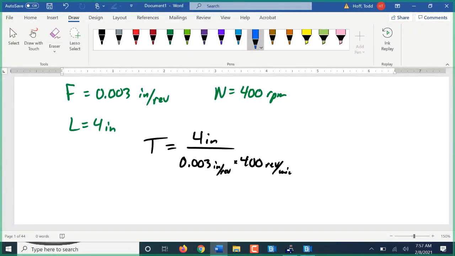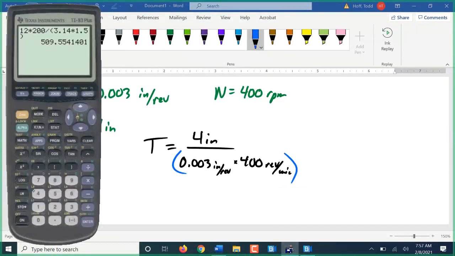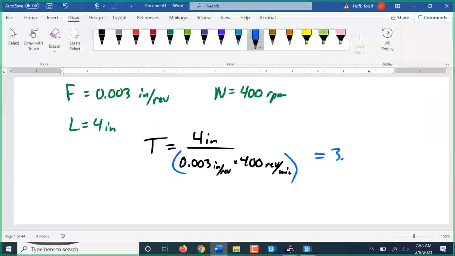So here again, when we calculate this, we have parentheses around the bottom. So it's going to be 4 times parentheses, 0.003 times 400. Close that parentheses. Oops, I should have 4 divided by. Let me try that again. 4 divided by parentheses, 0.003 times 400. There we go, 3.33. That is minutes. The only time in this formula is the revolutions per minute, so our time works out to be minutes.